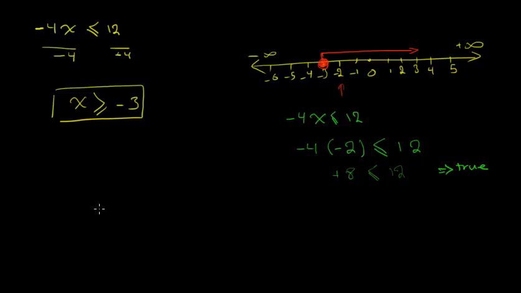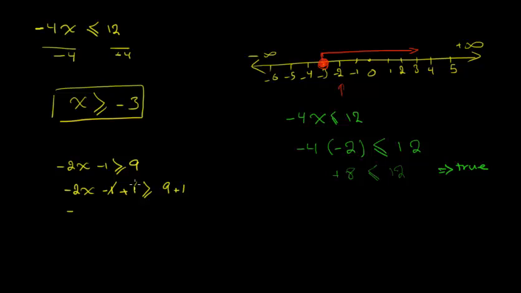Let's work on a 2 step inequality. Let's say minus 2x minus 1 is greater than or equal to 9. Again, our goal is to isolate x on the left side, so we write minus 2x minus 1 plus 1 greater than or equal to 9 plus 1.